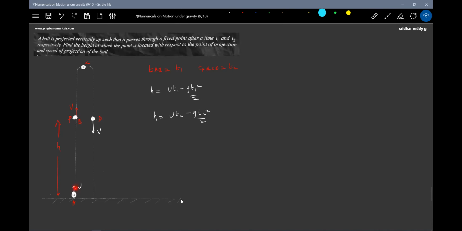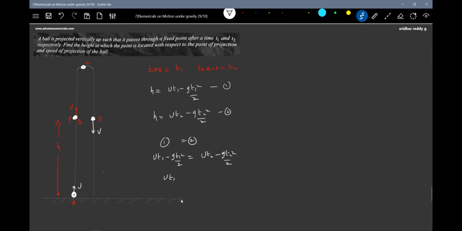This is for the ball that is projected. What is T1? The time taken by it to ascend to height H. Again I'm writing H, because the ball will be at the same height again after an interval of time T2. Equating these two, UT1 minus half GT1 square equals UT2 minus half GT2 square.